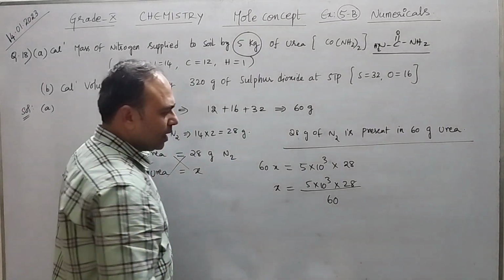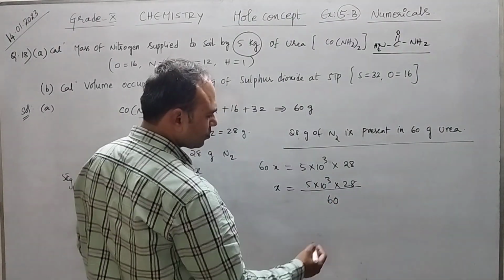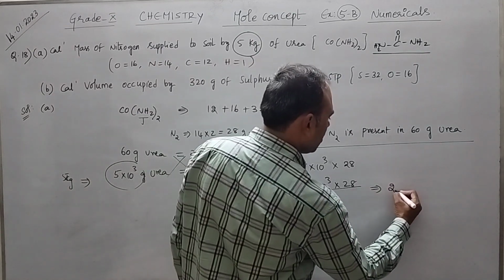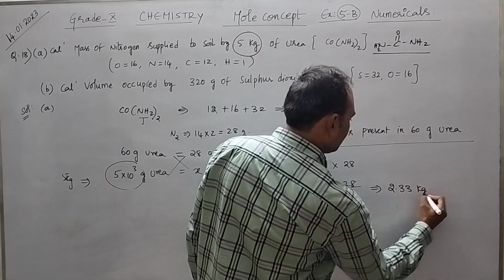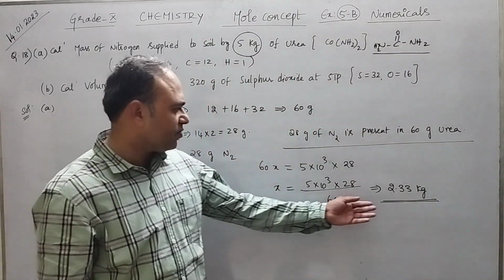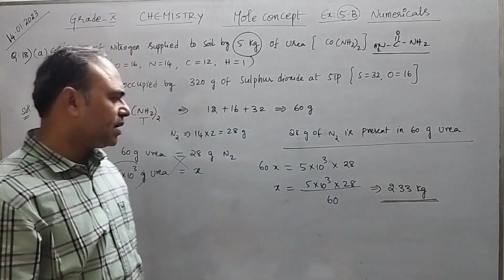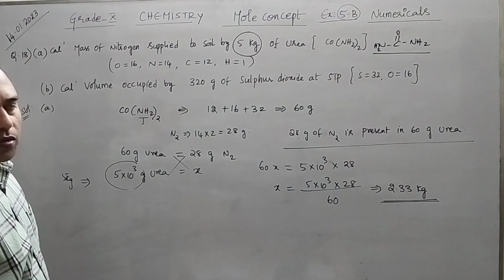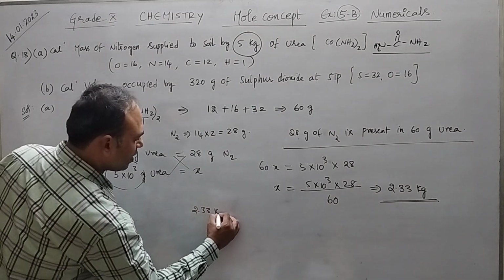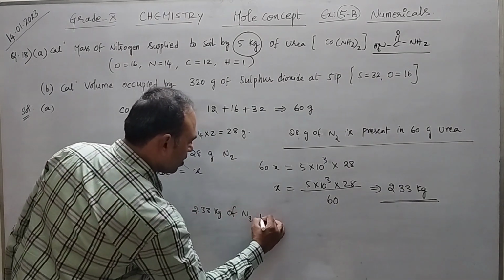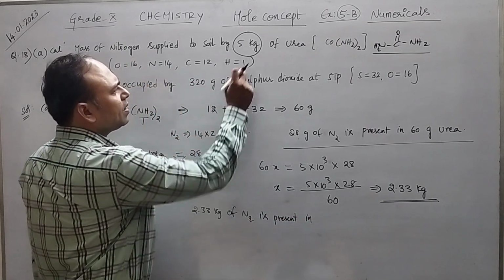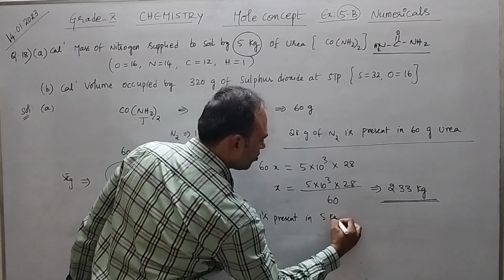Now let us find x. If you calculate, finally you will get 2.33 kg. I have already calculated it for you, so the final answer will be 2.33 kg. Hope you have understood this. We can write the final statement: 2.33 kg of nitrogen is present in 5 kg of urea.